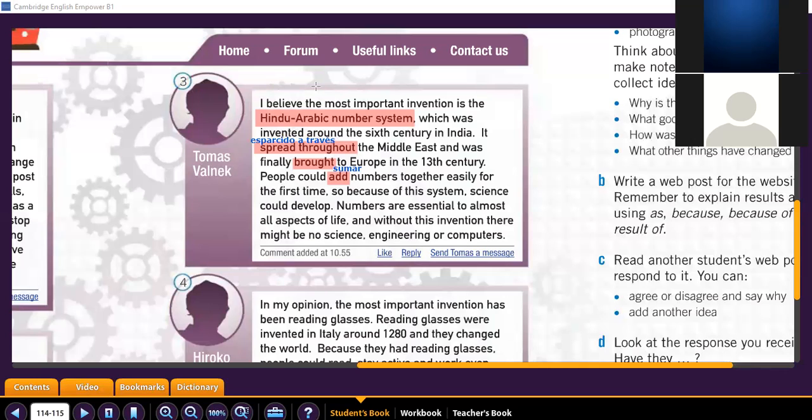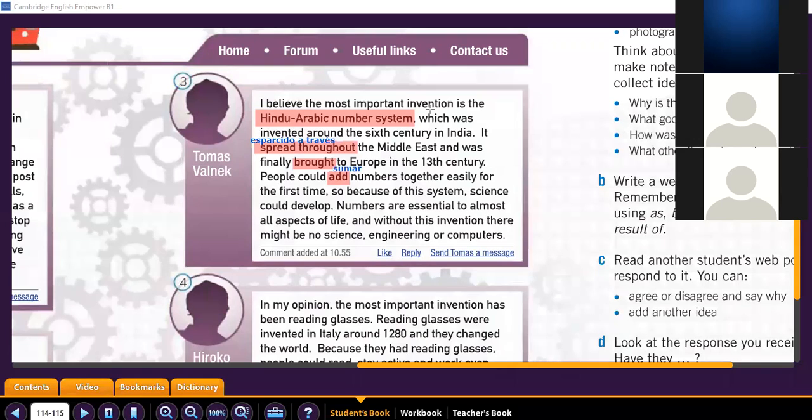Numbers are essential to almost all aspects in life, ¿no? Eso es verdad. Los números, aunque no nos gusten muchas veces, even if we don't like them a lot, are essential, son esenciales para casi todos los aspectos de la vida. ¿Sí? Cuando ustedes quieren saber el precio de algo, cuando ustedes están sumando algo, comprando algo, vendiendo algo, necesitamos números, ¿verdad?